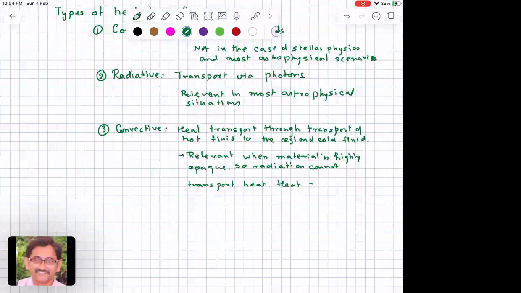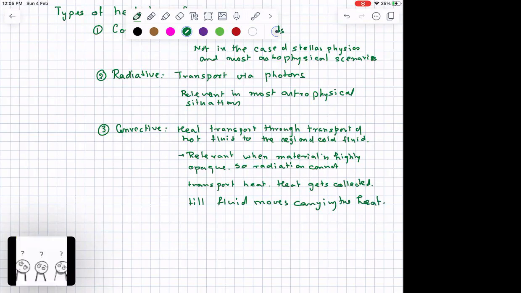Heat gets collected till the fluid moves, carrying the heat. Is this okay?